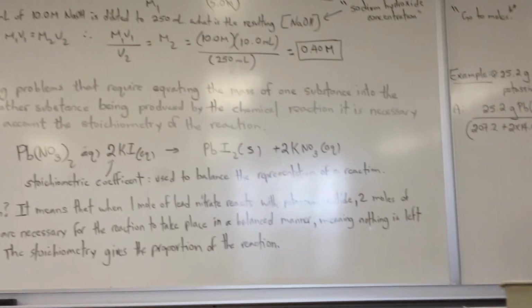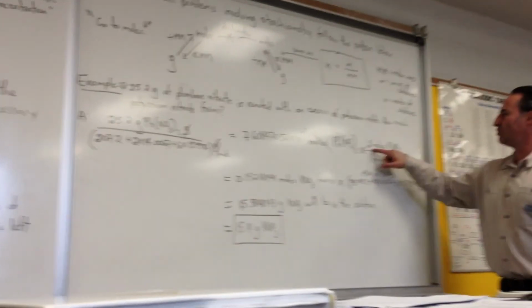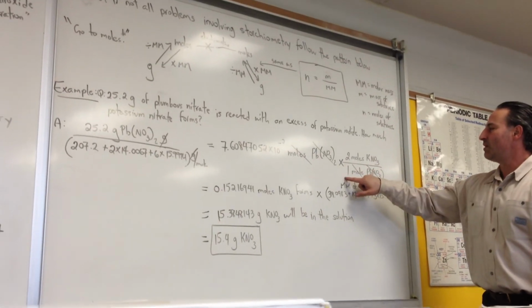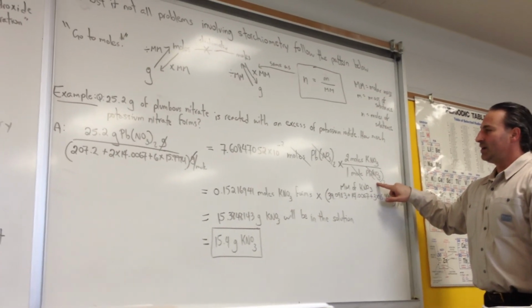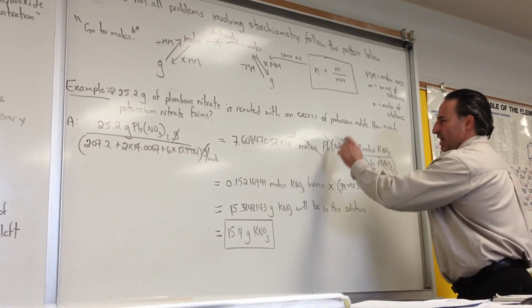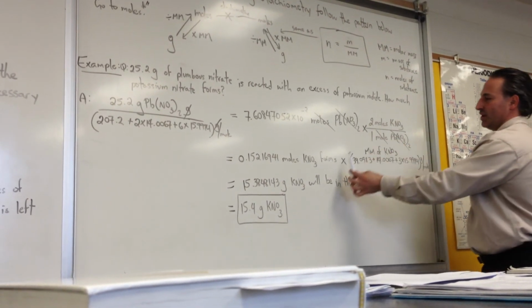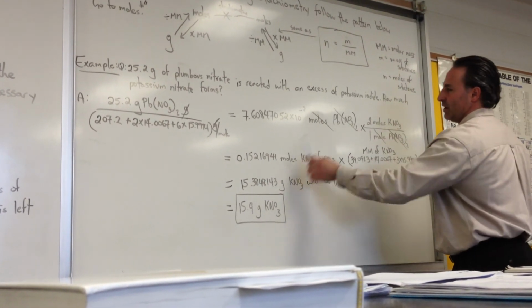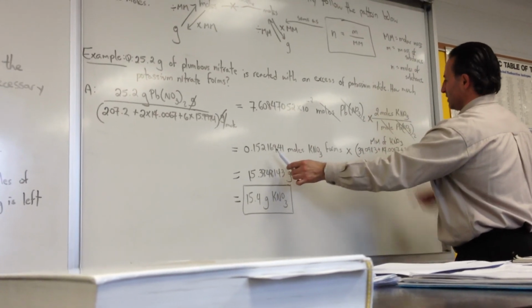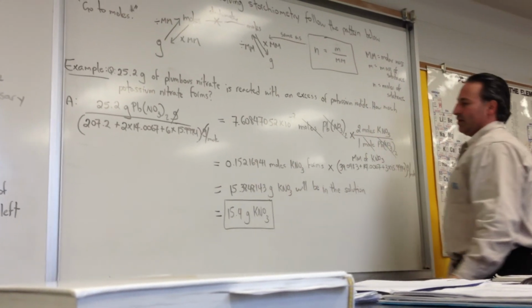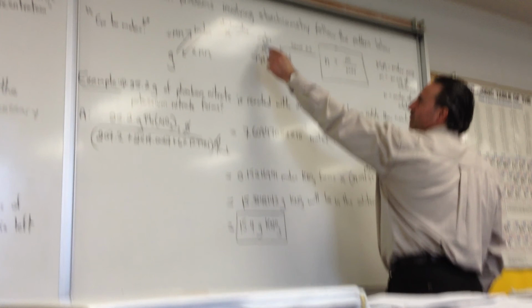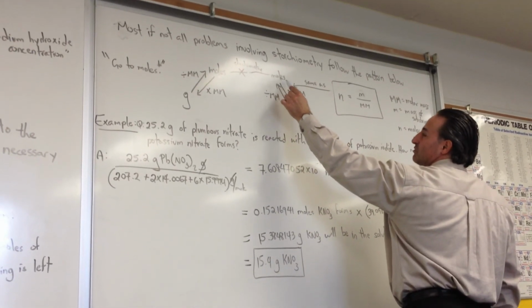So we're going to use that in the stoichiometry. 2 moles of potassium nitrate form for every 1 mole of lead nitrate that is consumed. This allows us to cancel the moles of lead nitrate, and it will give us an answer in moles of KNO3 that form, essentially doubling this number because it's 2 to 1. Then that puts us over here in the solving of the problem, moles of potassium nitrate.